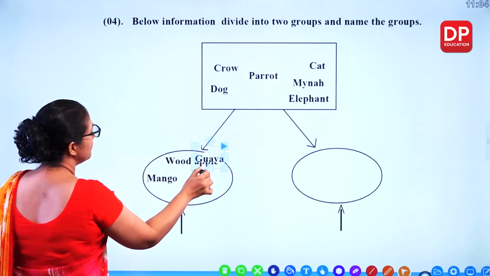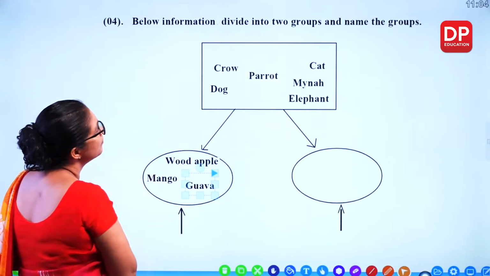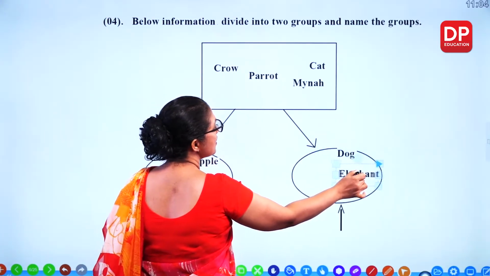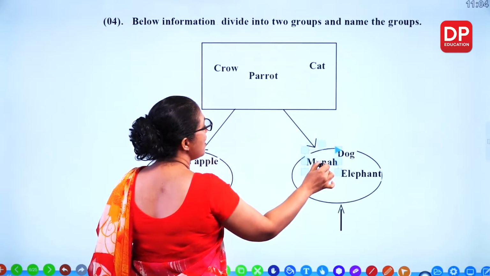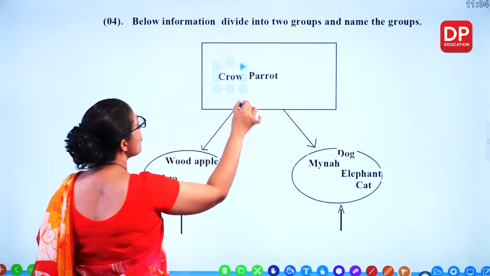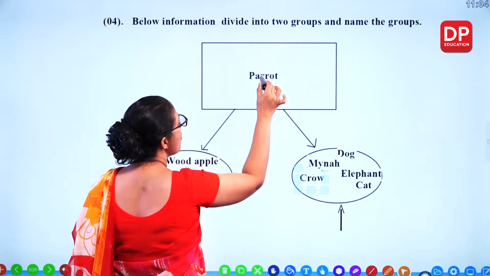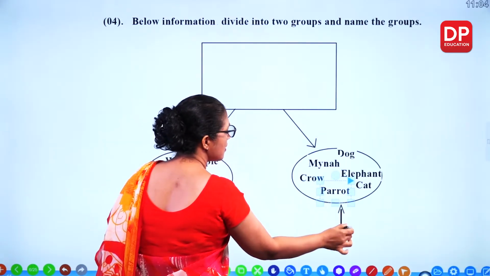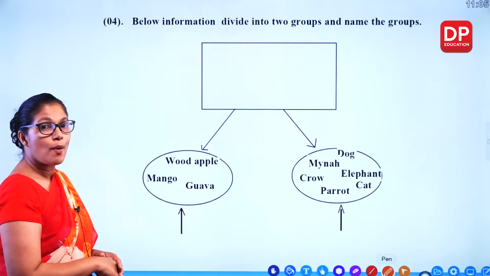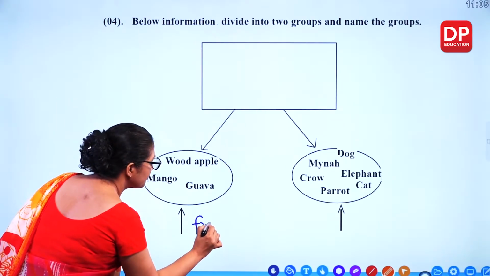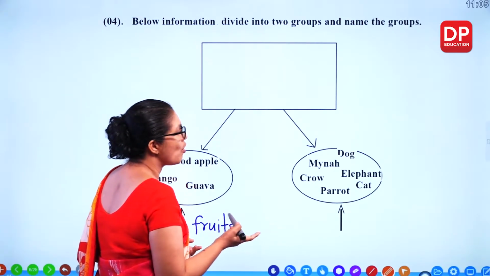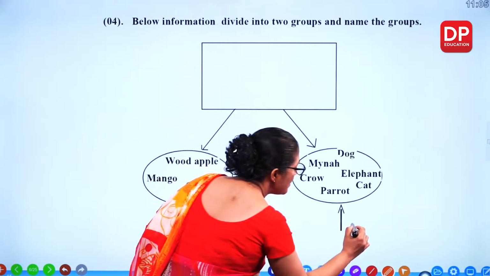Guava into one group, dog, elephant, myna, cat, crow, parrot. What can I write? Mango, wood apple, guava are fruits. And parrot, crow, myna, elephant, cat, dog, I can label as animals.